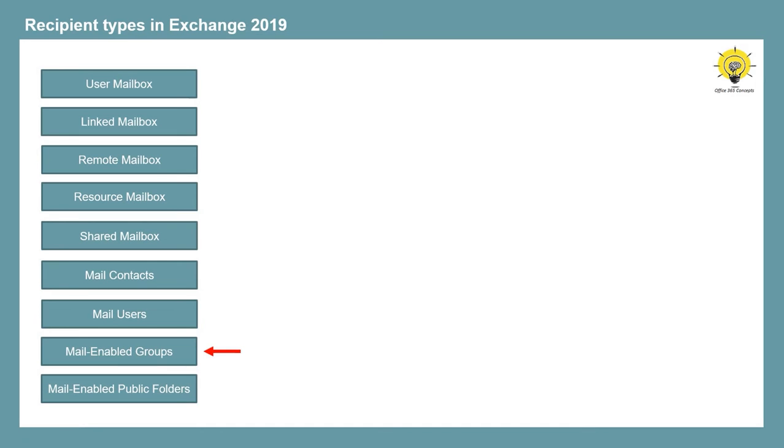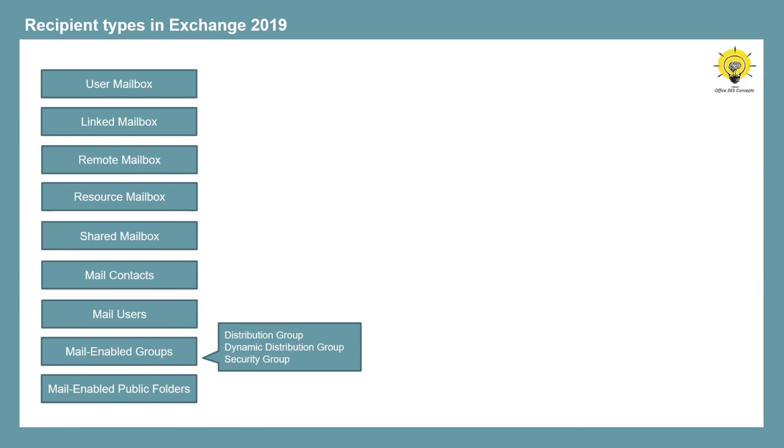The next type of recipient in Exchange Server is mail-enabled groups. In Exchange Server, we can create three types of mail-enabled groups: distribution group, dynamic distribution group, and security group. A distribution group is used to distribute emails to multiple recipients.